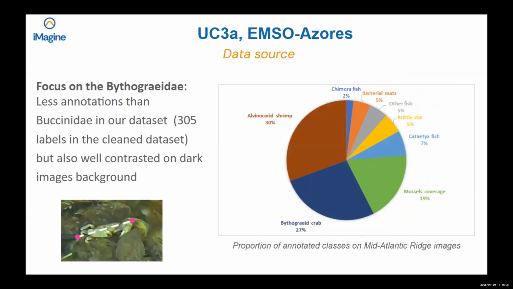But we also use another class to develop the use case: the Bythograeid class, which are crabs. We have far fewer annotations for this class, but it's visible on another type of images, and it's also quite a clear organism to identify. So even if we have fewer annotations, we expect it to be more easily recognizable.